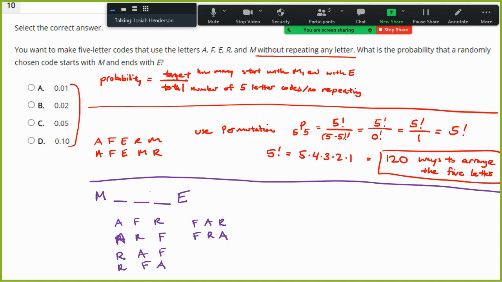We could also have just used the fundamental counting principle, arranging how many ways there are to arrange 3 items in a group, which is 3 factorial, which is 3 times 2, which is 6. And that's these 6 items here. So for the probability to answer this question, starts with M, ends with E: six over 120.